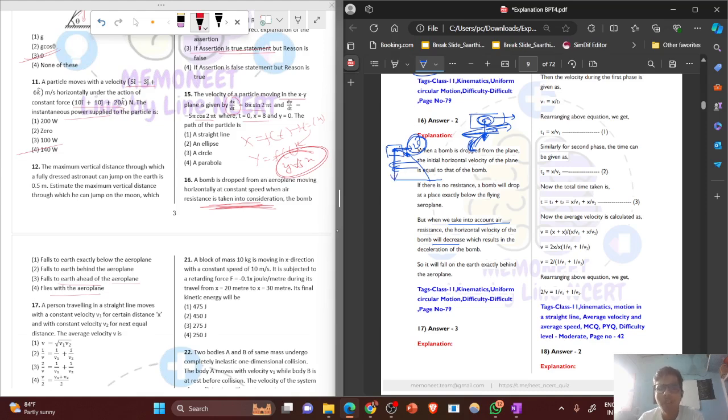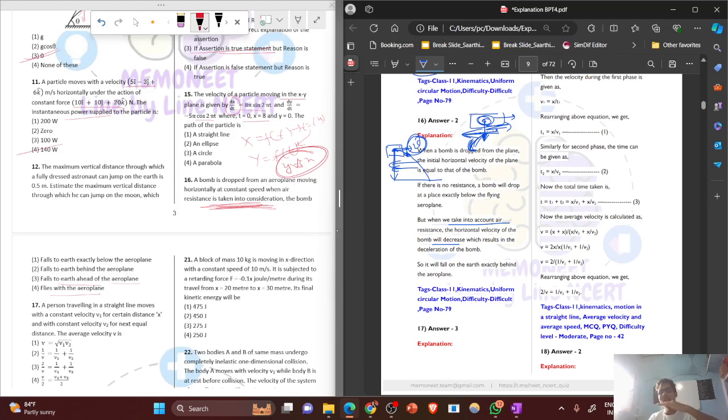Okay, there is some suspicion on that. Basically, it depends on where we are looking from, the frame of reference.